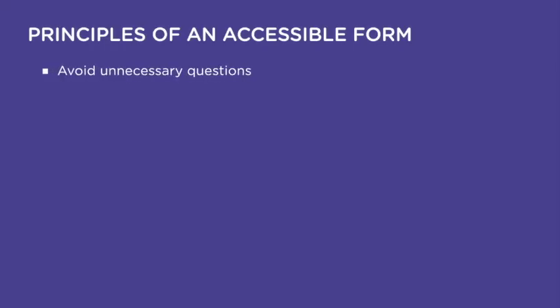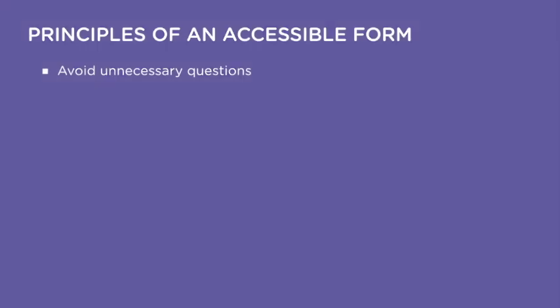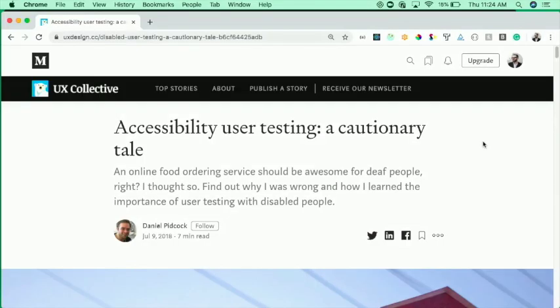One critical principle when you're in the planning stage is to avoid asking unnecessary questions. Many users object to providing a phone number unless it's extremely obvious why the form recipient might need it.